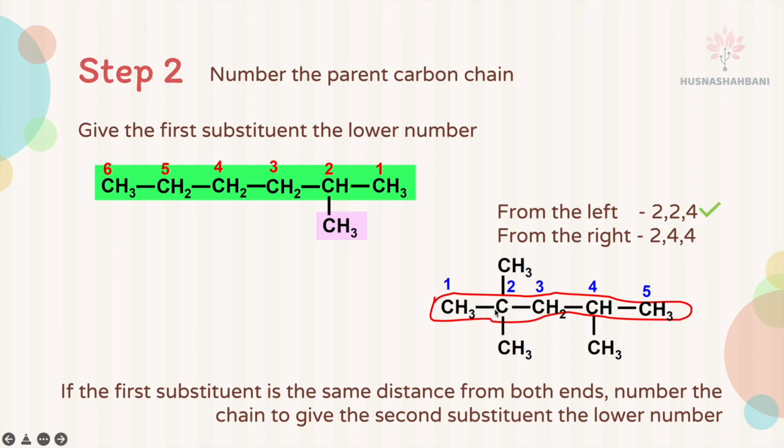So we choose to start counting from the left, because if you total these three numbers, you will get a lower number. From the right, 2, 4, 4. If you total these numbers, you will get a bigger number. So we choose the substituent that has the lower number. So you have to start numbering the parent from the left, not from the right.